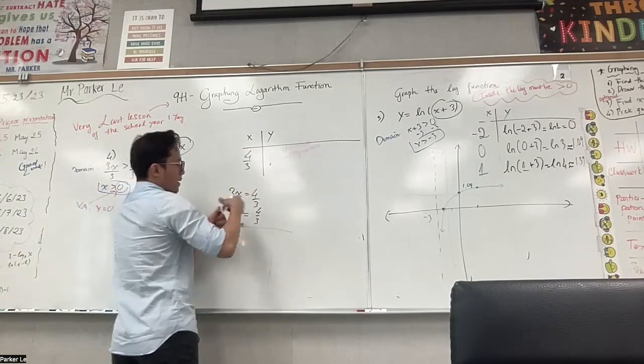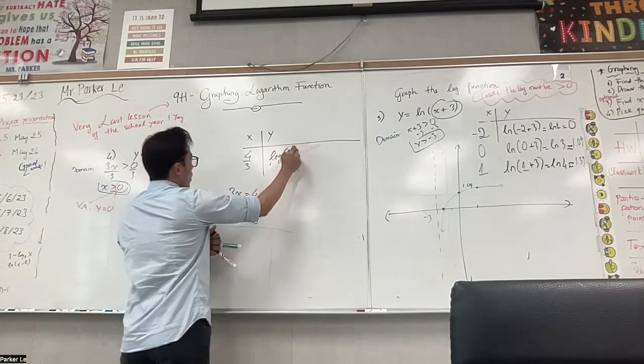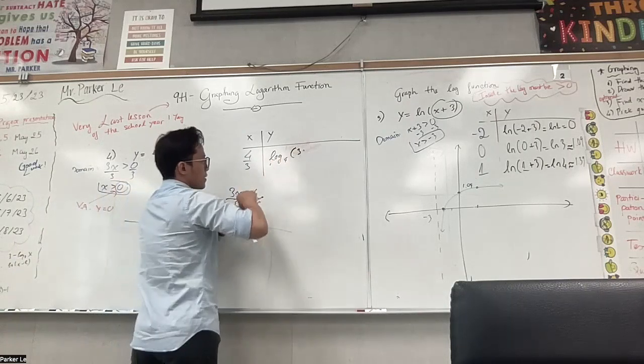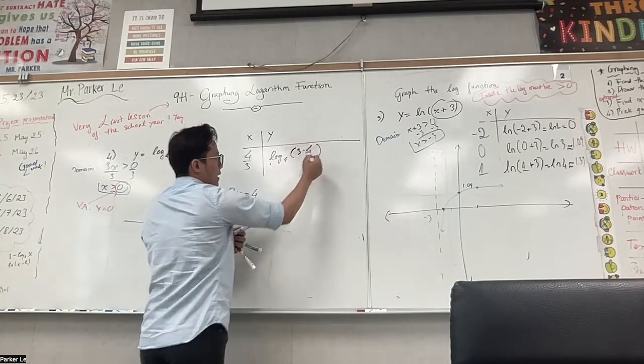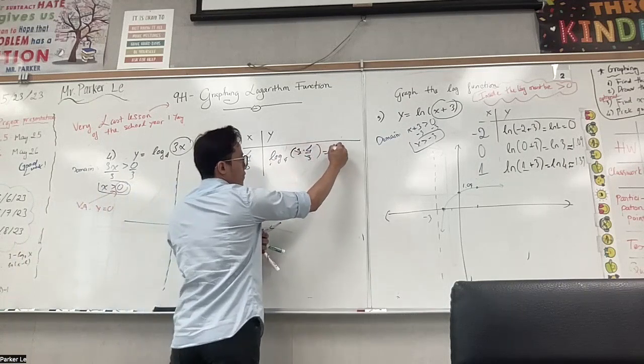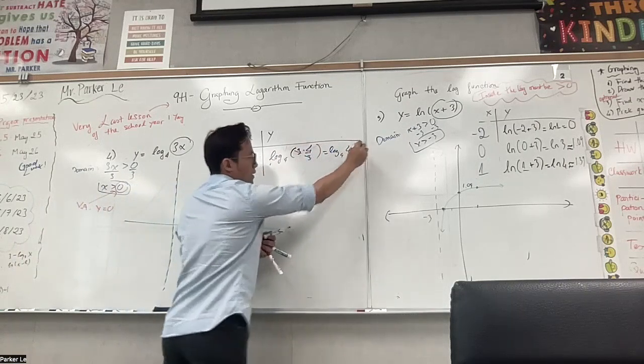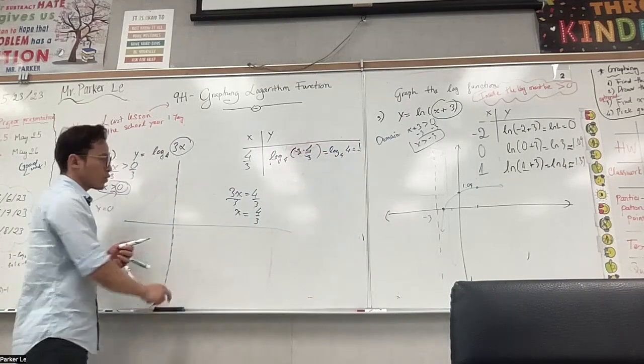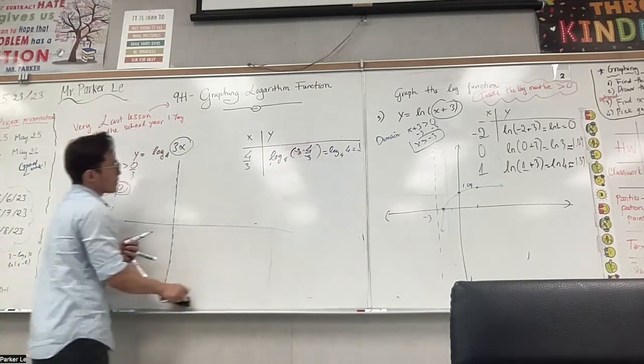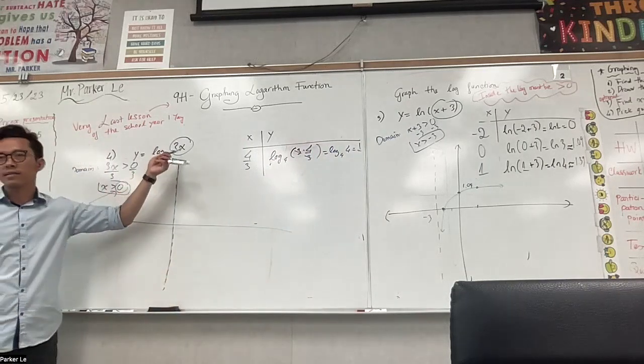Because when I plug it in here, log base 4 of 3 times 4 over 3, the 3s cancel out. I have log 4 of 4, and that is 1. So that's a good point. Okay, what is the next good one? How can I make this one equal to 1?